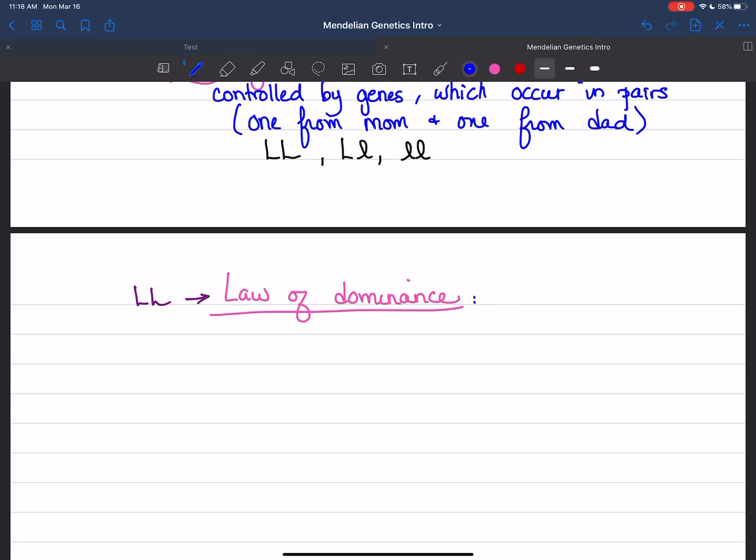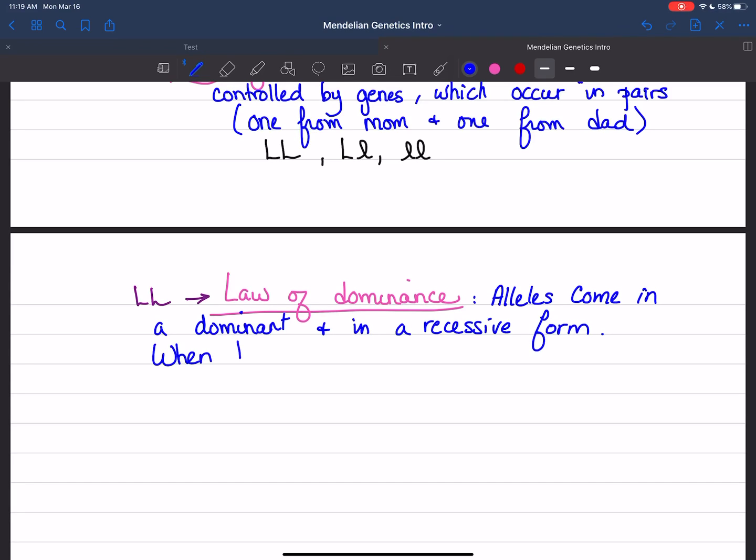And the law of dominance states that when it comes to alleles, they come in a dominant and in a recessive form, okay?